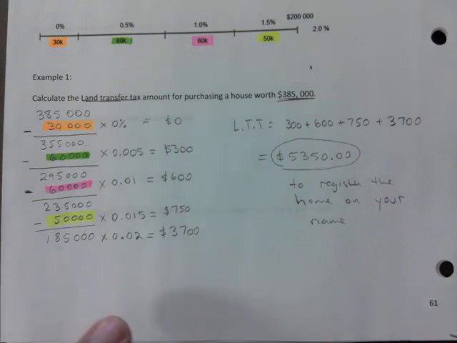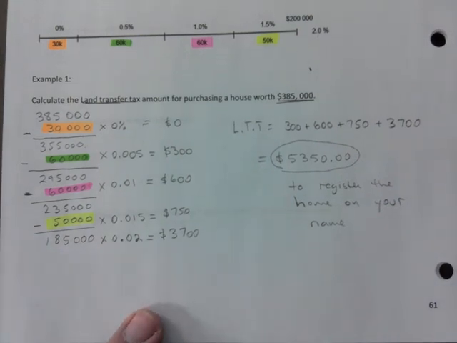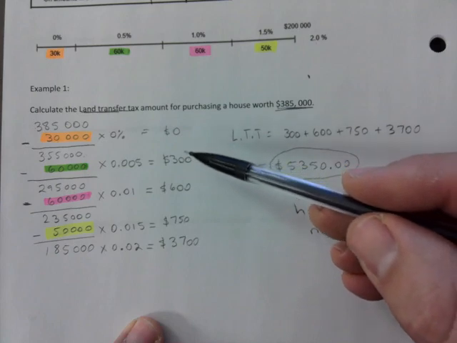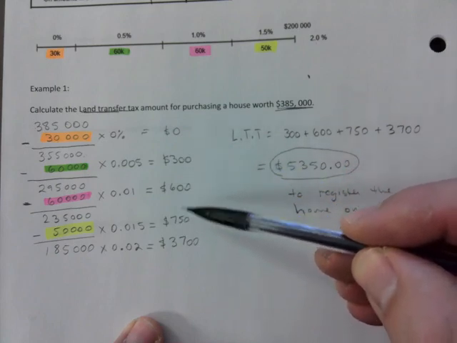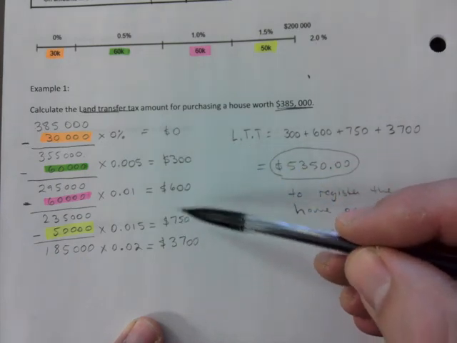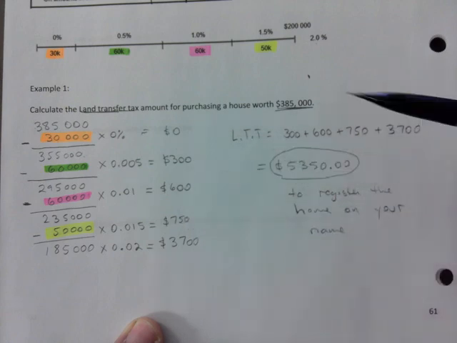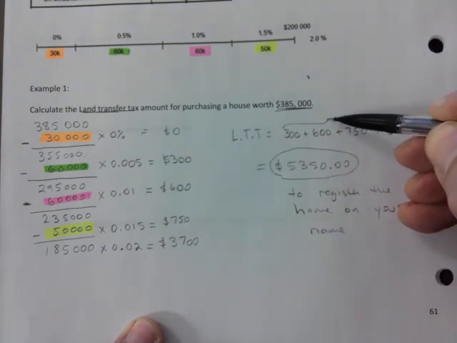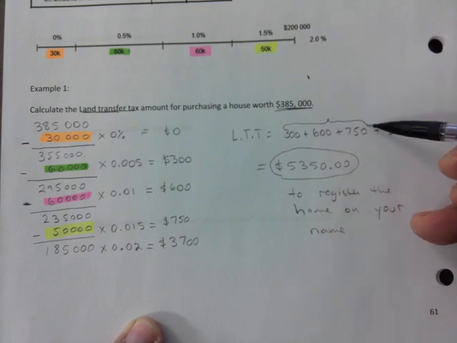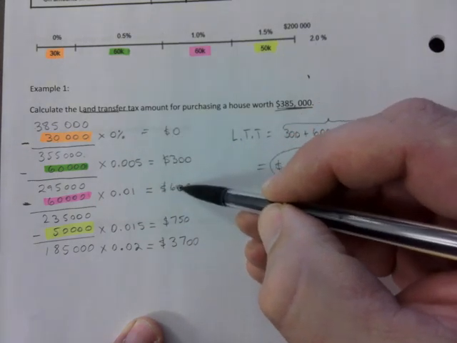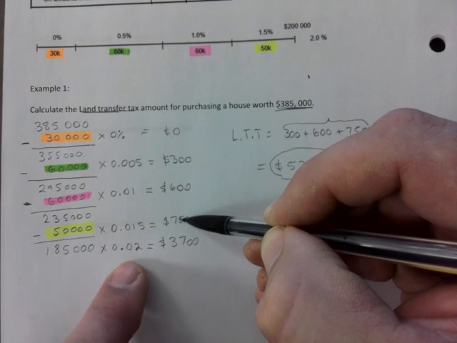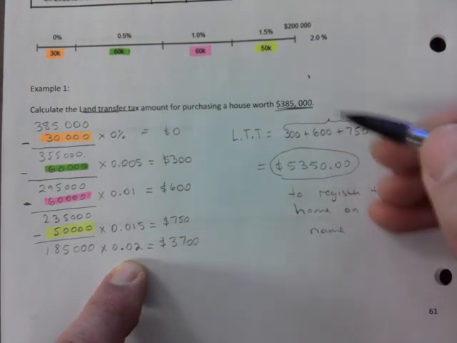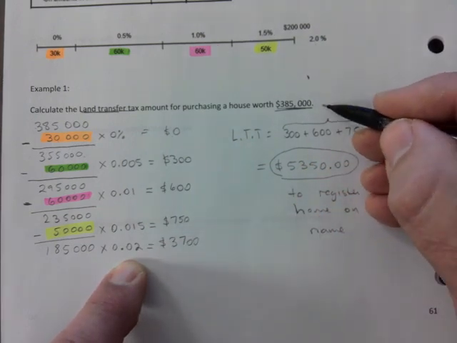Can I just make an observation here? In this case, we maxed out every bracket completely. We won't always be maxing out. It depends on the price. So try to remember this amount here. As you go along the brackets, just before you apply the 2%, try to remember the 1650.